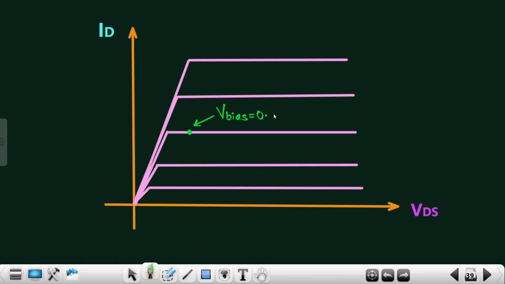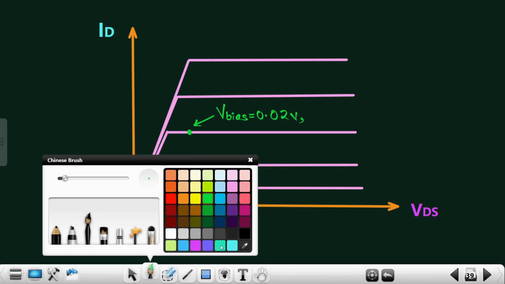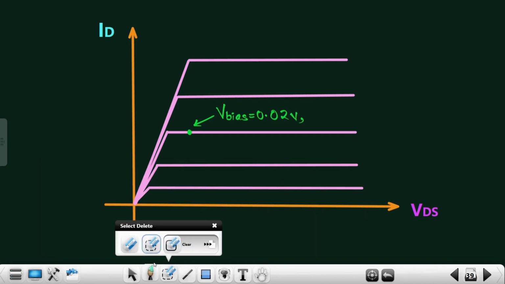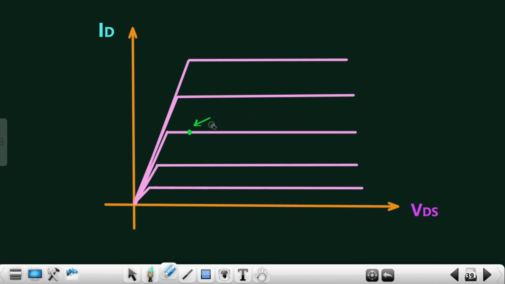Okay, when my V bias was 0.02 volts, at that time my VDS was how much? I'll write it in this way so that there shouldn't be any confusion in your mind.